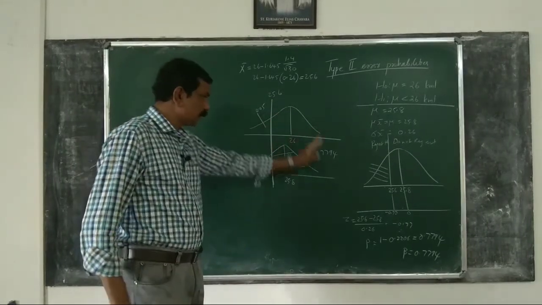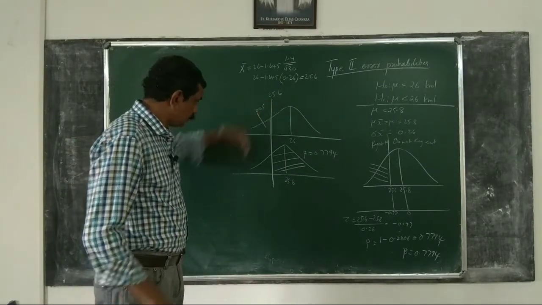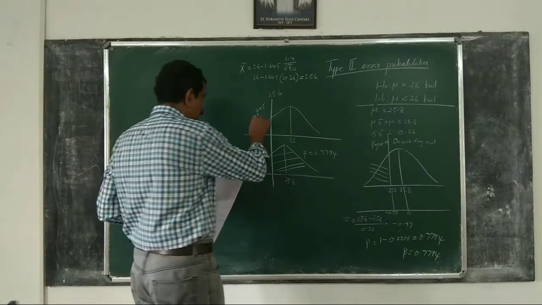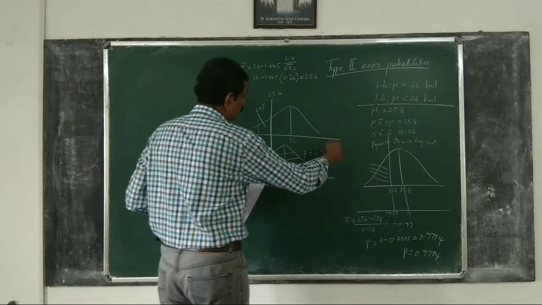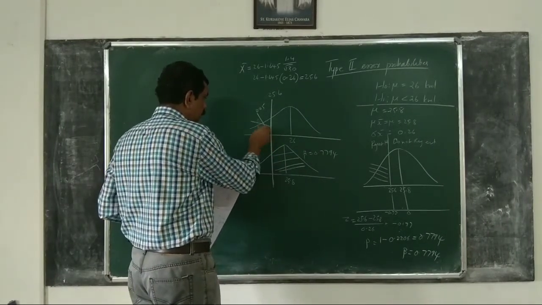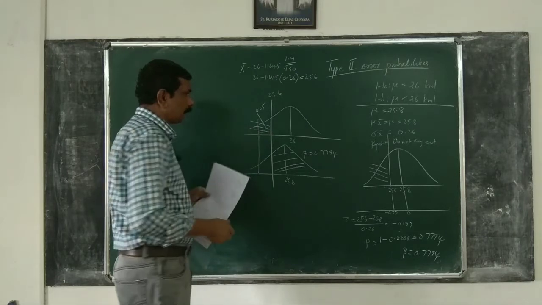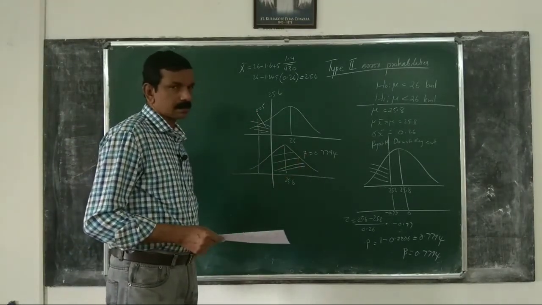And as you can see here, if you reduce the value of alpha to 0.01 like that, what happens? Beta increases. If alpha is reduced, beta increases and vice versa.